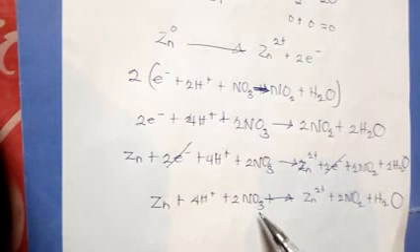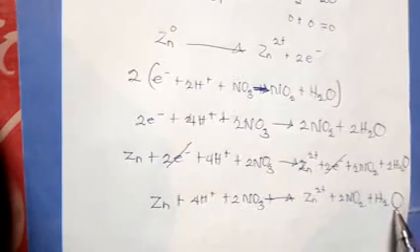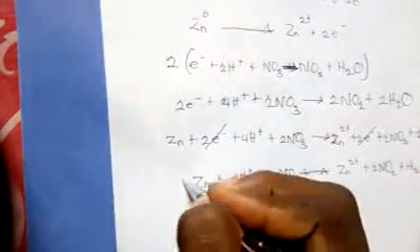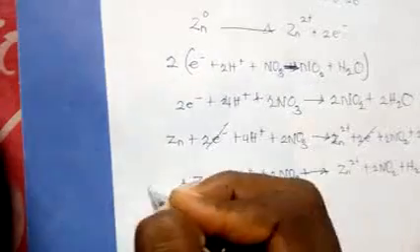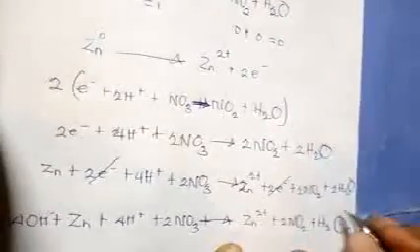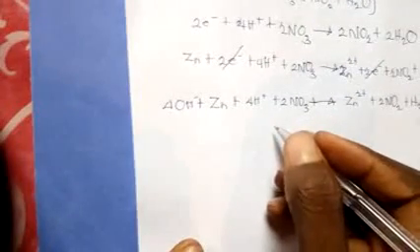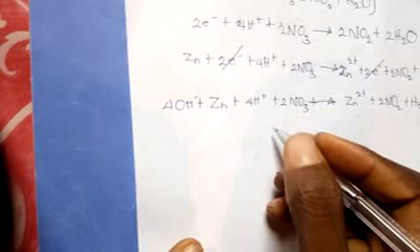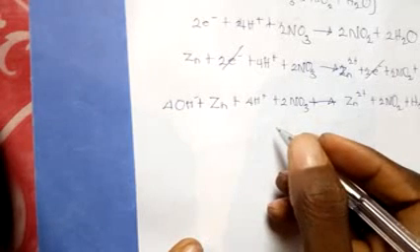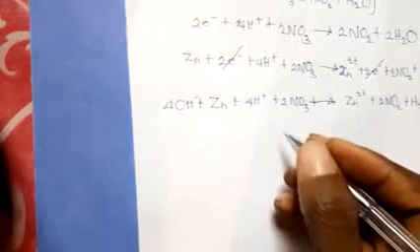What do we need to do? We need to add OH minus on each side of the equation. So now we will add, since it is 4H plus here, we add 4OH minus, and on this side we add 4OH minus. Now when you do this, the next thing to do is to add both the OH and the H plus, and you know when OH and H plus combine, they yield water.